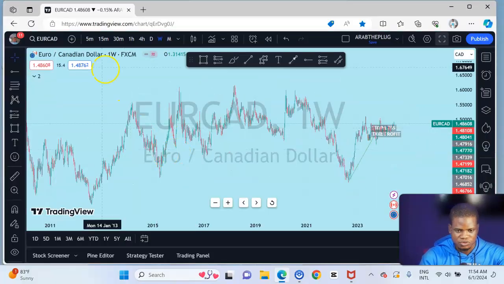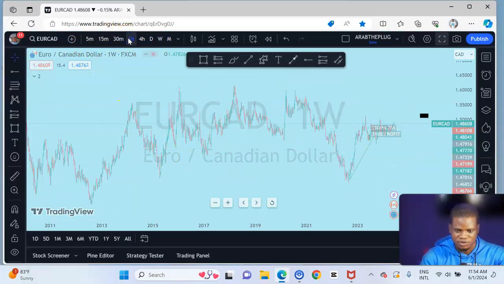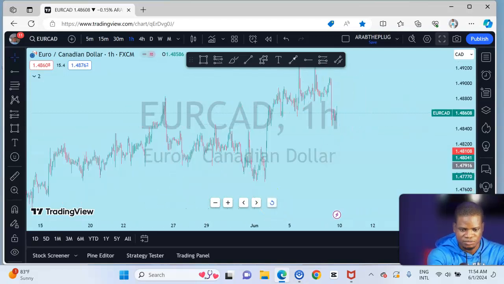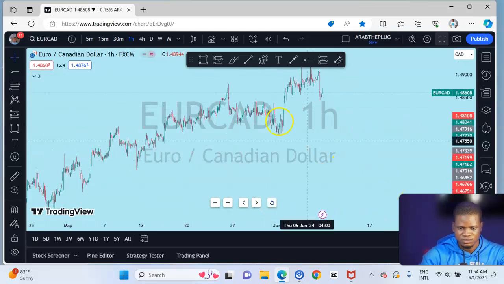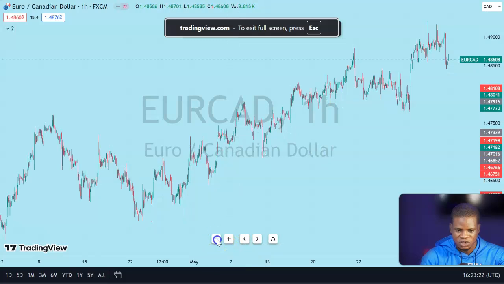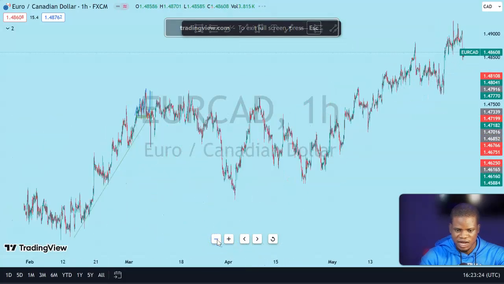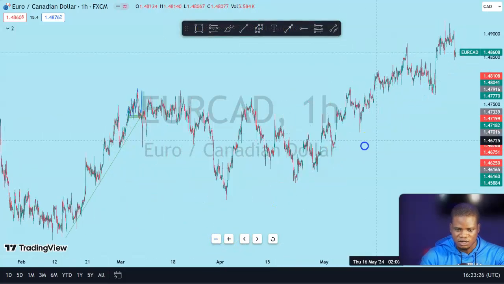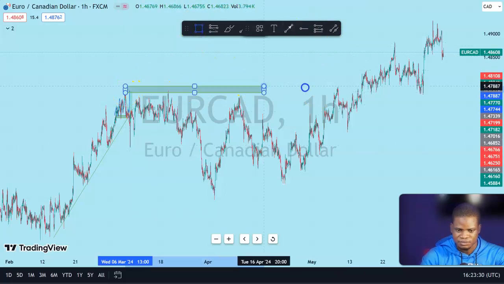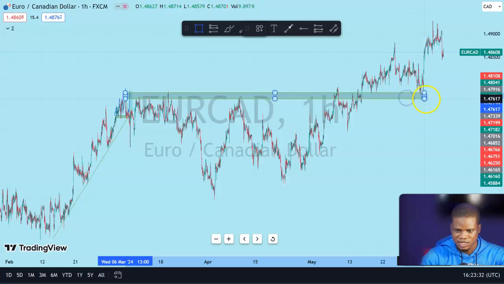Let's switch to a 1 hour time frame for EuroCAD and analyze from the 1 hour time frame. Alright, perfect. Looking at this EuroCAD market, you would see that the market has created a resistance at this area. This is a resistance that later turned to support.